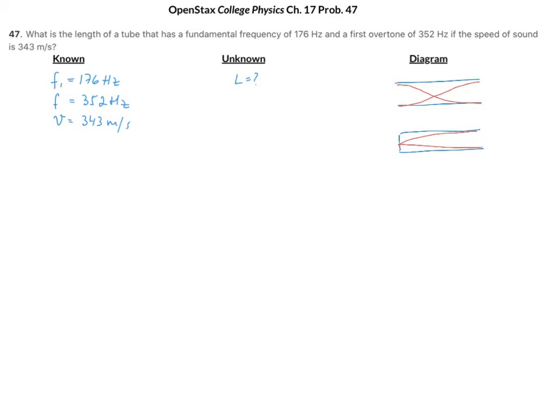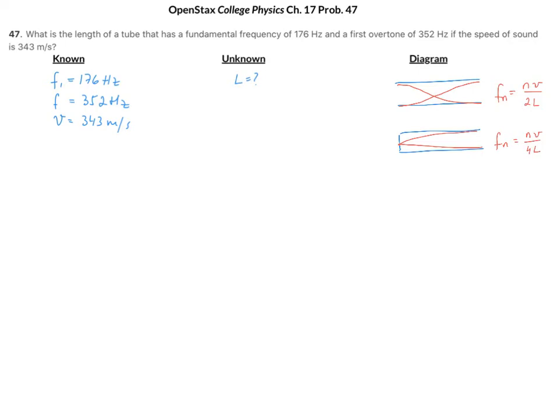So we've derived equations before for these different scenarios for the frequency and ended up with f sub n equal to nv over 2L for a pipe that's open at both ends, and f sub n equal to nv over 4L when we have a pipe that's open at one end and closed at the other.